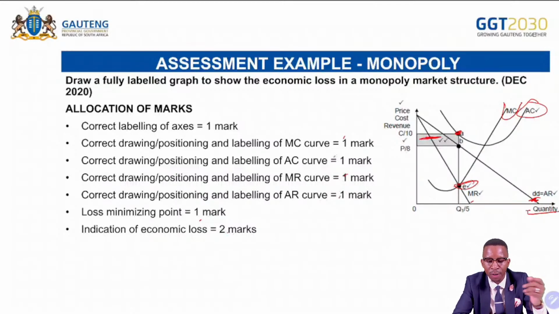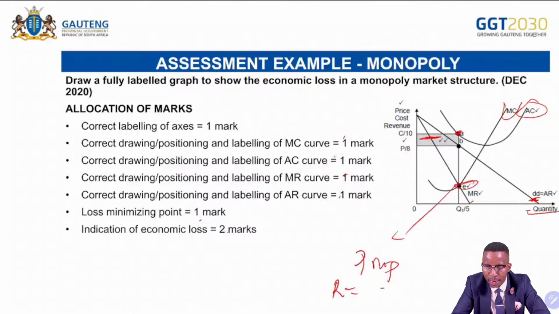For instance, let's say we have to interpret the graph. We will say here point E indicates the loss minimization point, and then we will say revenues are equal to 8 here, and costs are equal to 10, meaning they're above.